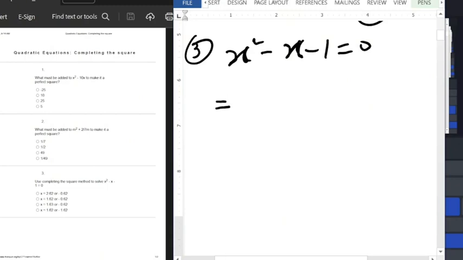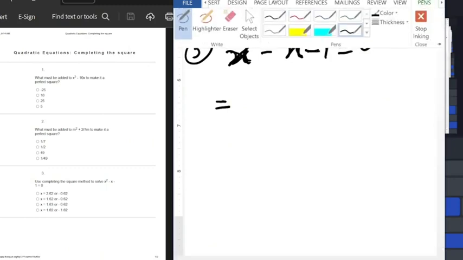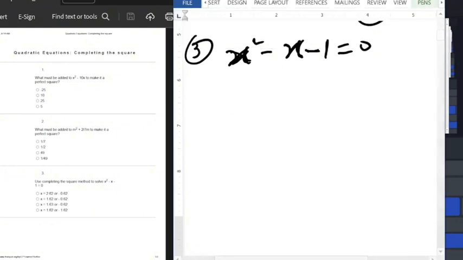Since the coefficient of x squared here is 1, the first step is to take the constant to the other side. So we have x squared minus x equals 1. It is minus 1, when it crosses over, it becomes plus.